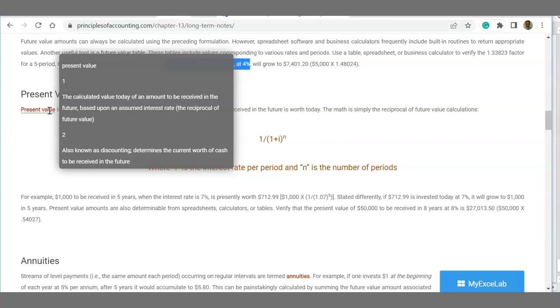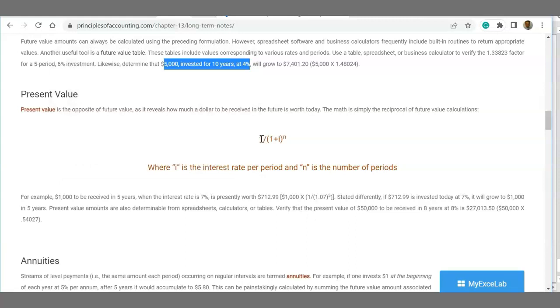Because when you issue bonds, let's say it's a 10 years bond, the bond will be paid back to investors in 10 years. Okay, but based on the interest rate of, let's say, 5%, then how much is that bond worth today? And you have to calculate it based on present value.